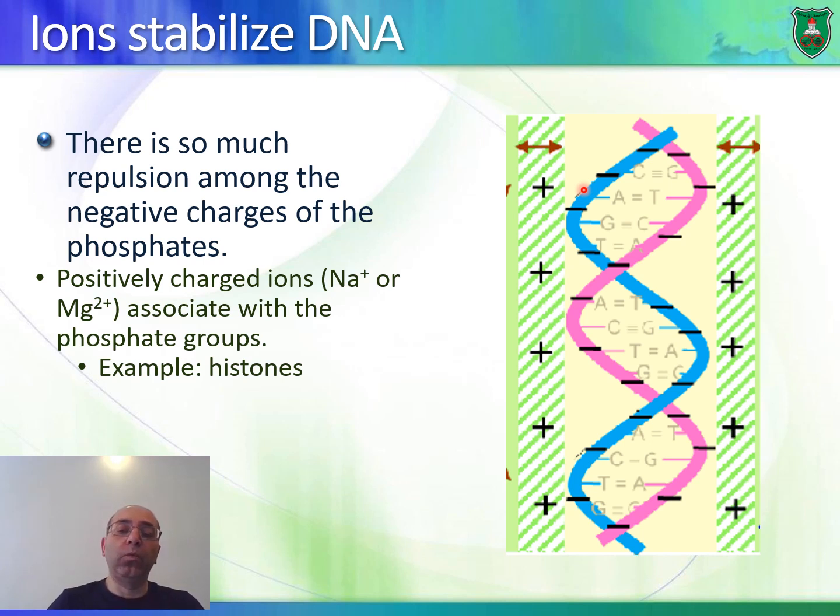Now, one characteristic of DNA is that as a result of having all of these negative charges, it attracts positively charged ions like sodium ions and magnesium ions. So it associates with these ions, stabilizing DNA.